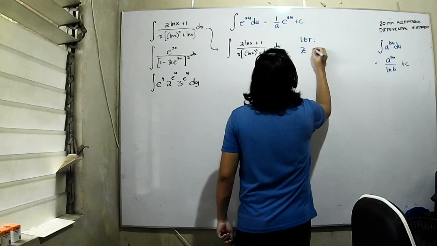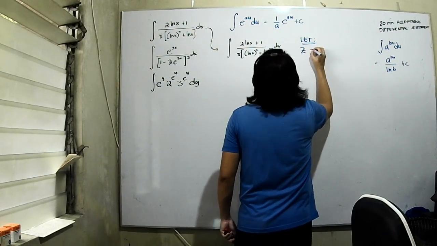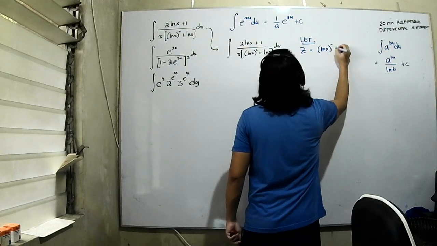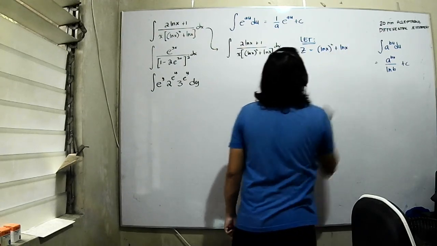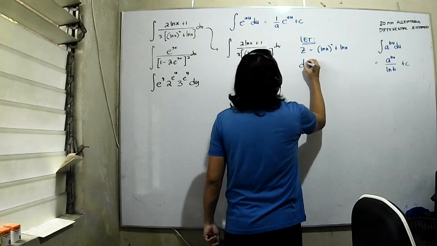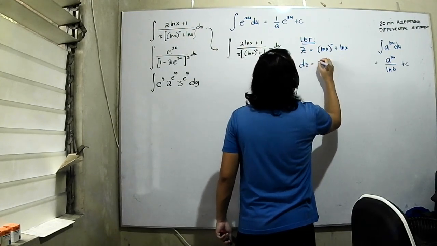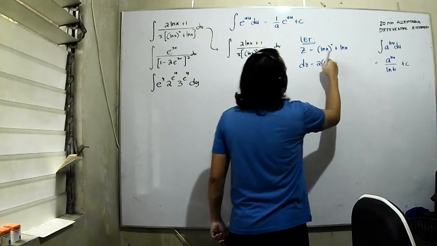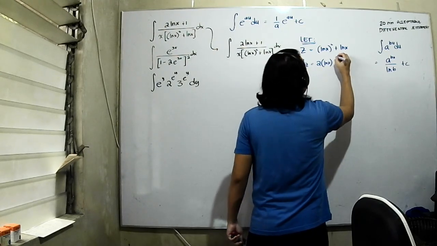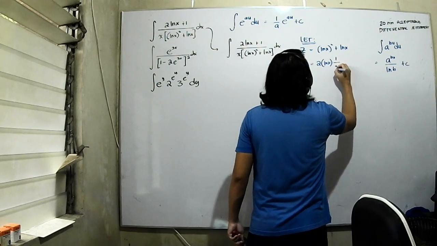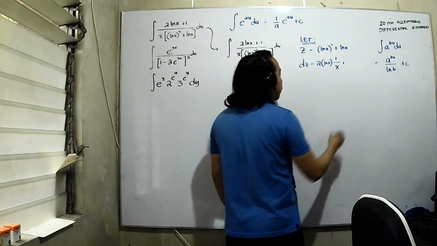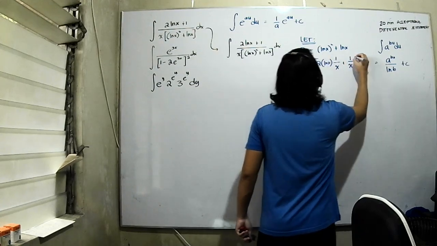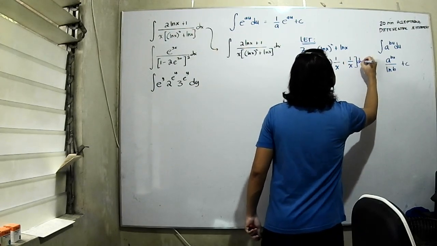Z is equal to ln x squared plus ln x. Now if I differentiate this, it becomes 2 ln x times the derivative of the inside, which is 1 over x, plus the derivative of ln x, which is just 1 over x, all multiplied by dx.